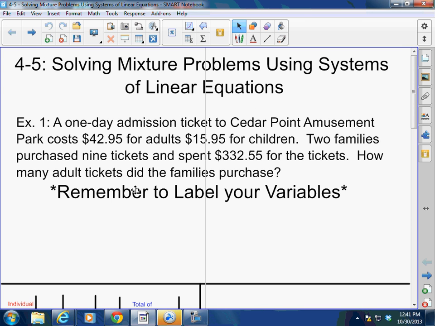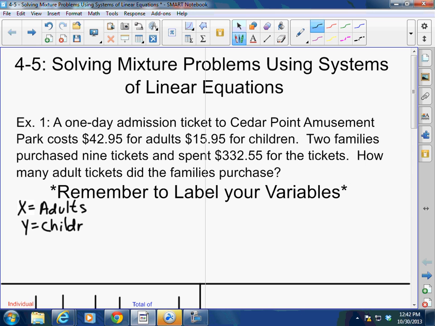First off, remember to label your variables. First and foremost, above anything, remember to label your variables. So for this particular example, I'm going to say that X will be my adults and Y will be my children.